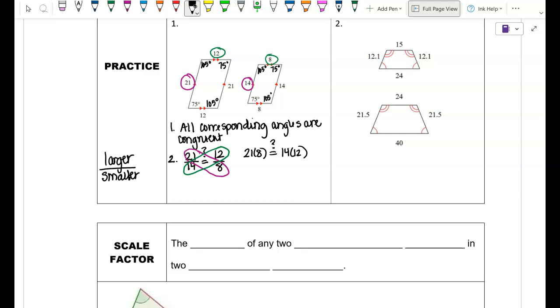So what is 21 times 8? 168. What is 14 times 12? 168. So are those two equal? Yes, they both came out to the same, which means the sides are proportional.